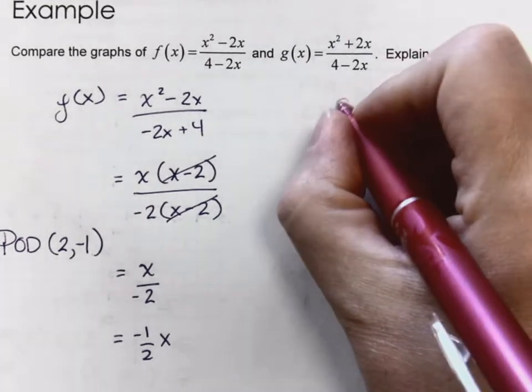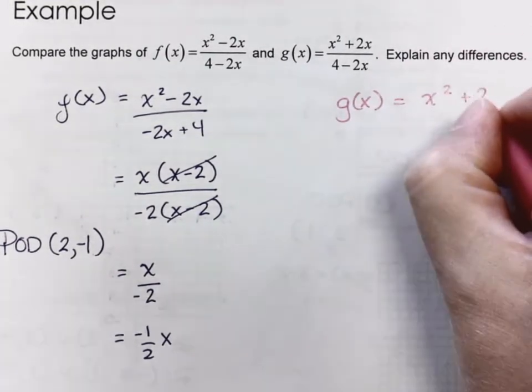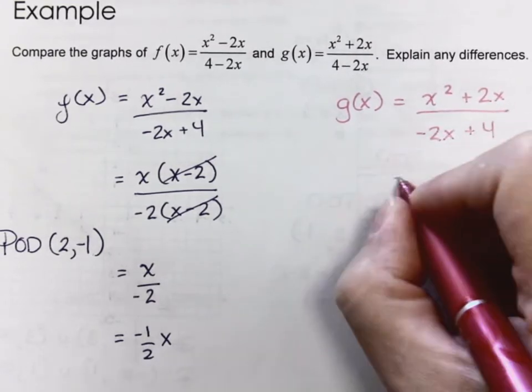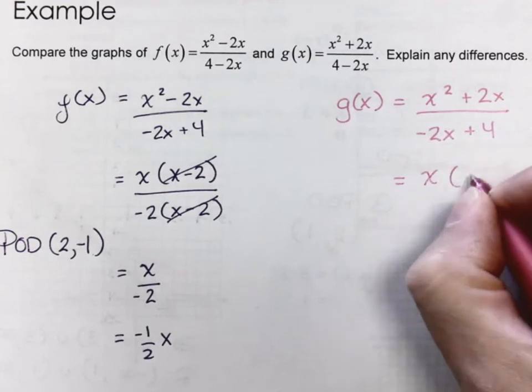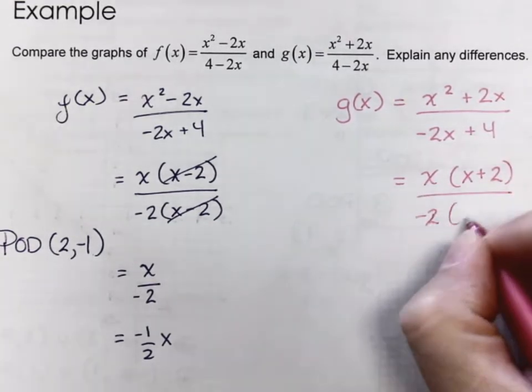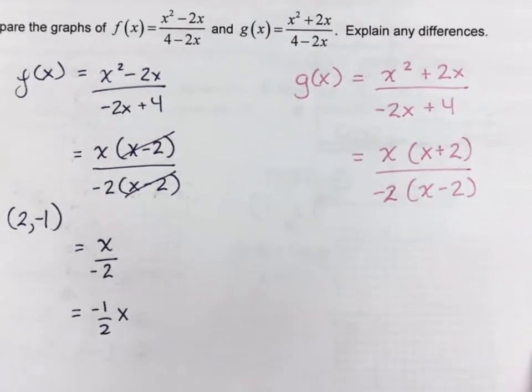So for the g of x function, again, before I factor it, I'm just going to flip that bottom around so my x is in the front again. All right. Oh, that's really light. Sorry.